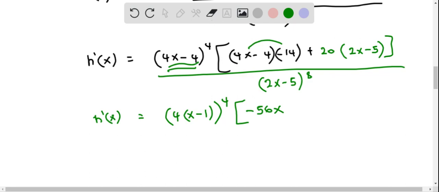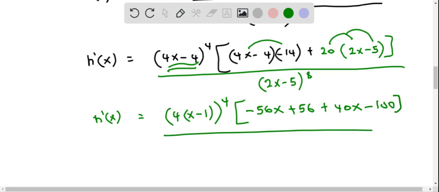Negative 4 times -14 is positive 56. Now we multiply this 20 times 2x is 40x, and then 20 times -5 is -100, and this is over (2x - 5)^8.